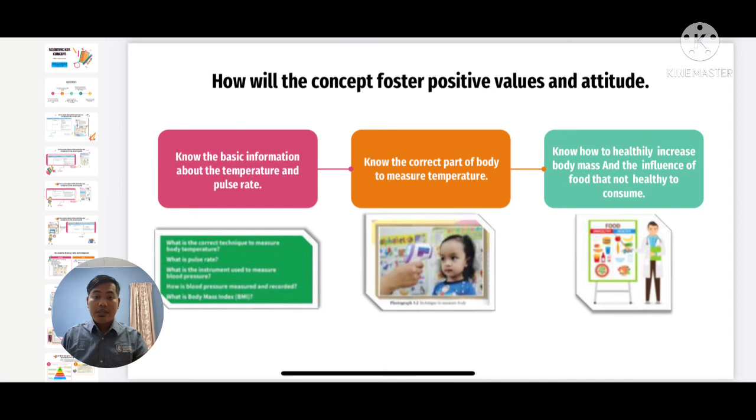Next, students need to know the correct part of the body to measure the temperature. Then, students will know how to increase body mass and make food changes that our body consumes for a healthy lifestyle.